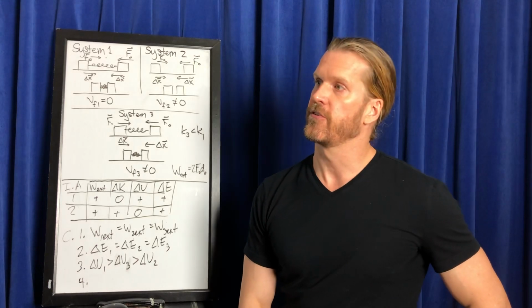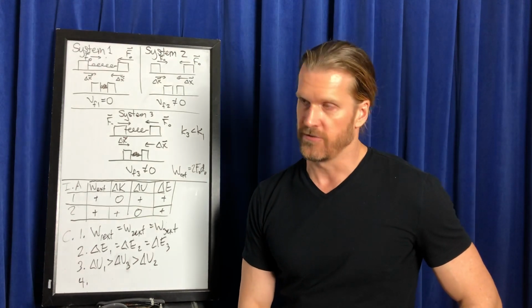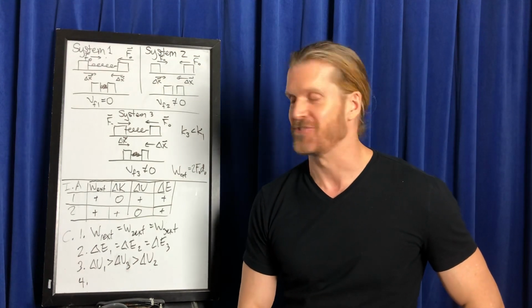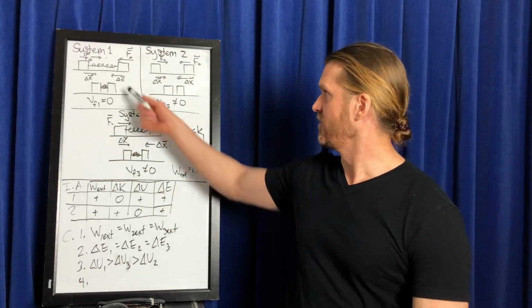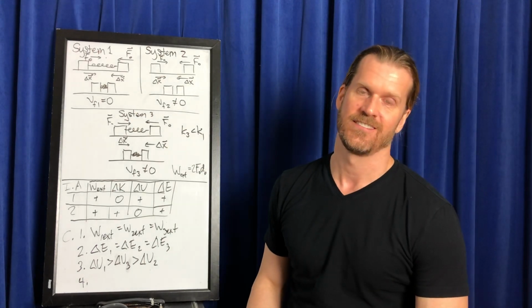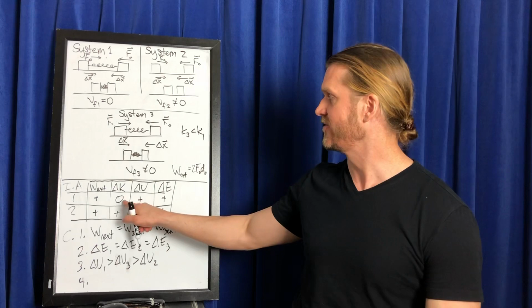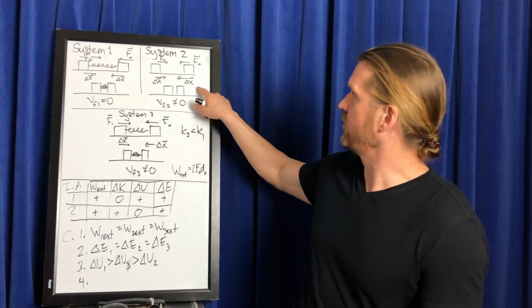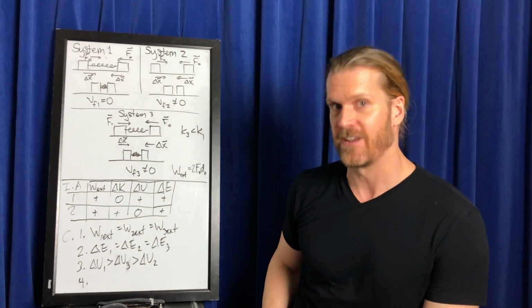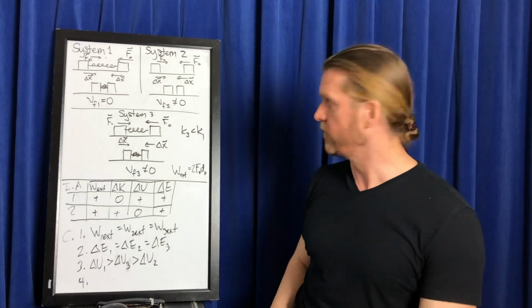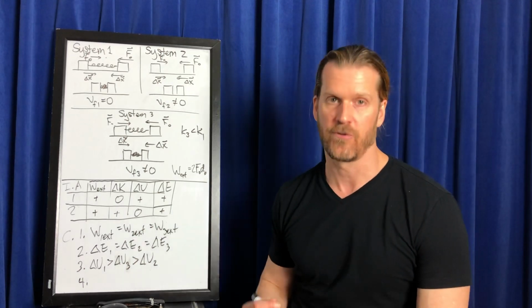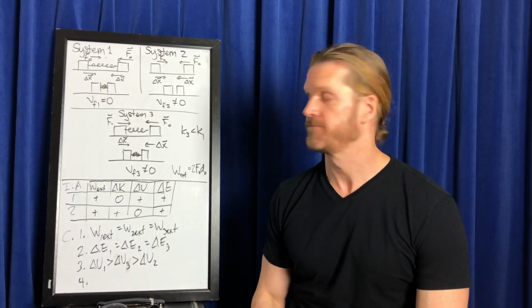Now rank the three systems according to the absolute value of the change in kinetic energy. Well, system 1 is going to be last. Didn't have any change in kinetic energy. System 2 will have the greatest change in kinetic energy because all of the work done got turned into kinetic energy.